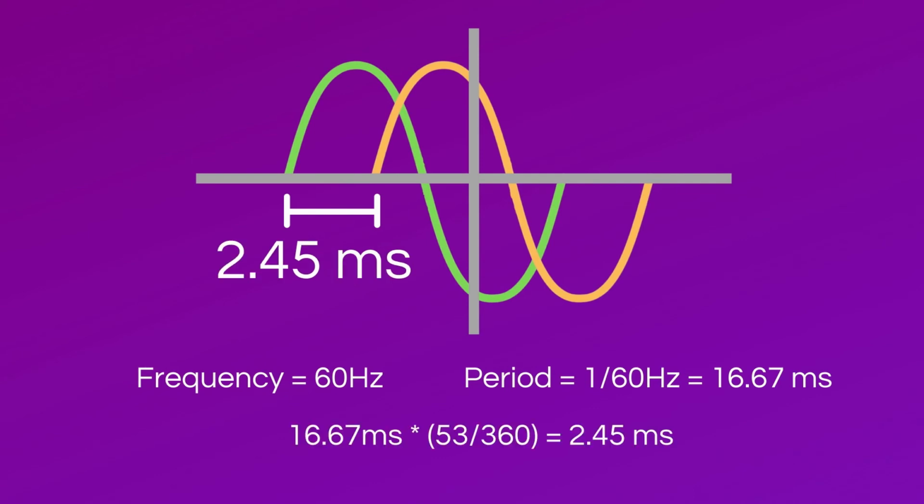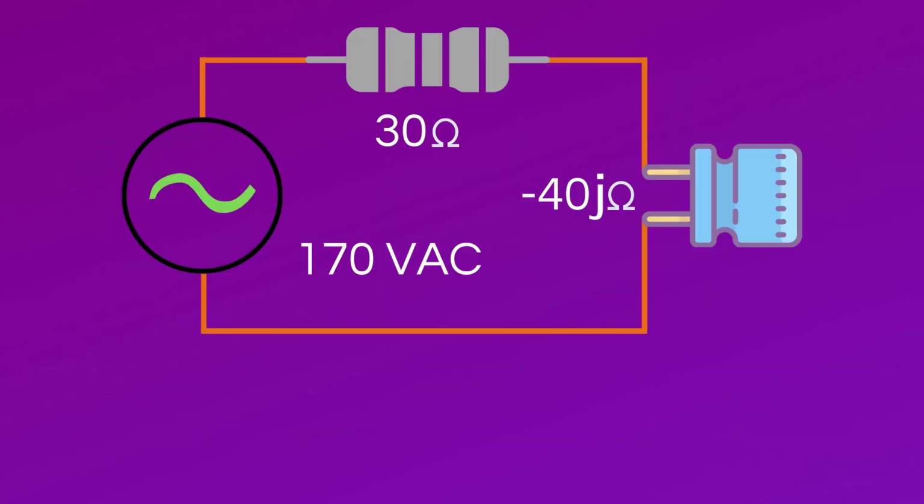The current waveform will start 16.67 milliseconds times 53 degrees divided by 360 degrees, which is equal to 2.45 milliseconds after the voltage waveform.